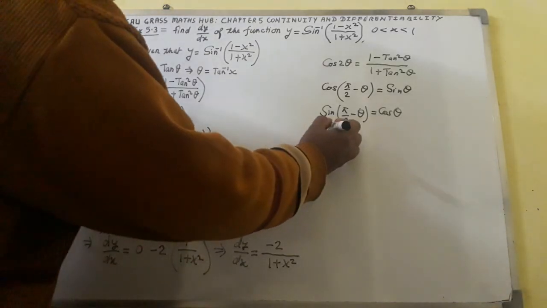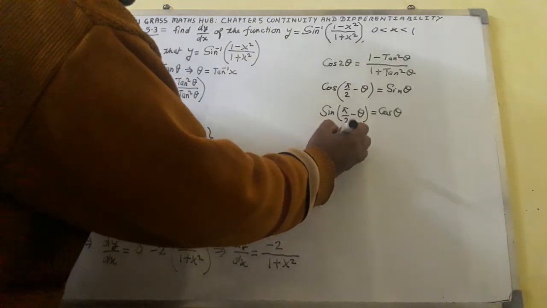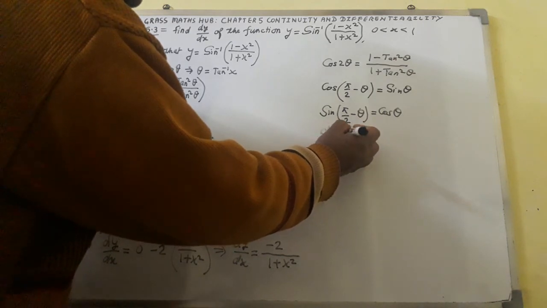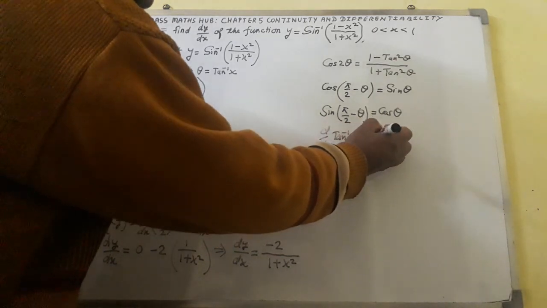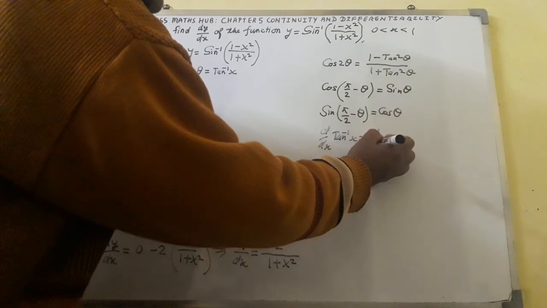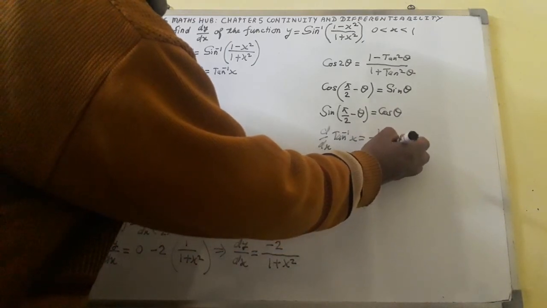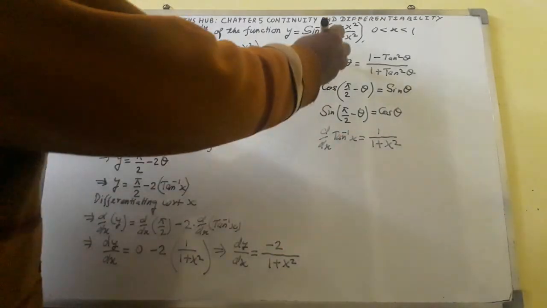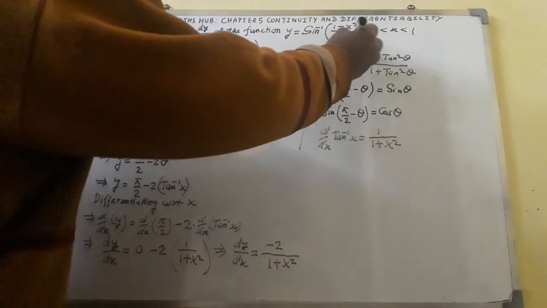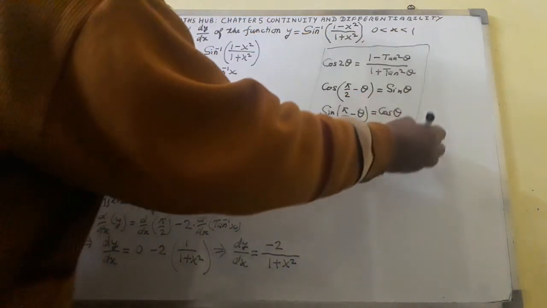This is the formula: d over dx of tan inverse x is equal to 1 over 1 plus x square. These are the formulas. I am enclosing these formulas in the box.